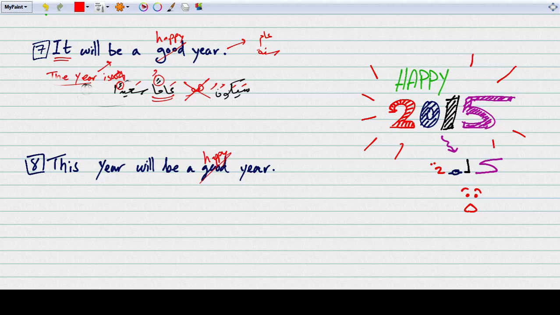It's actually سيكون هو عاما سعيدا, and basically huwa is the one that takes dhamma implicitly. And the rest, a good year or a happy year, is what takes the fatha. So that's why it takes fatha, and I hope it's clear now.